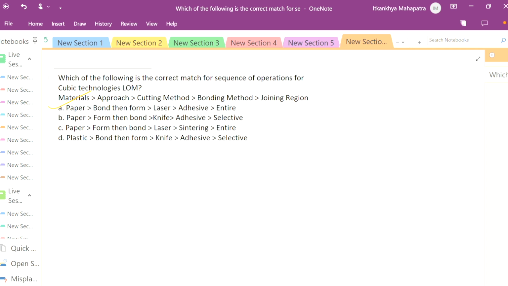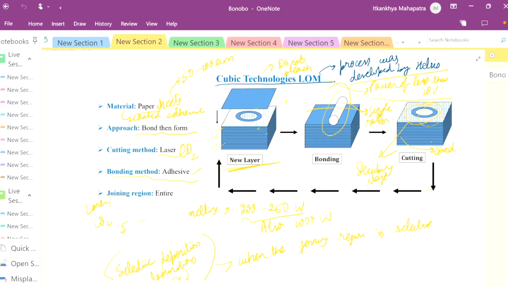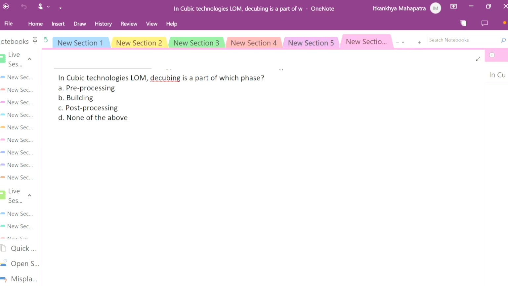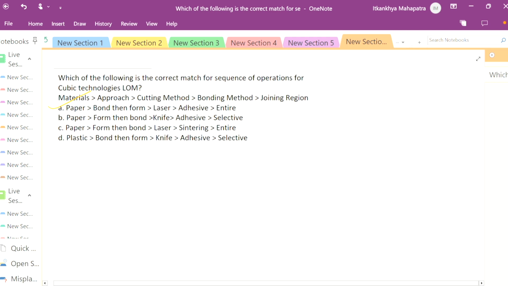This is regarding the cubic technology LOM, the sequence about which we are talking. We already discussed this in detail. So the sequence of operation is paper, bond then form, laser, adhesive, entire.